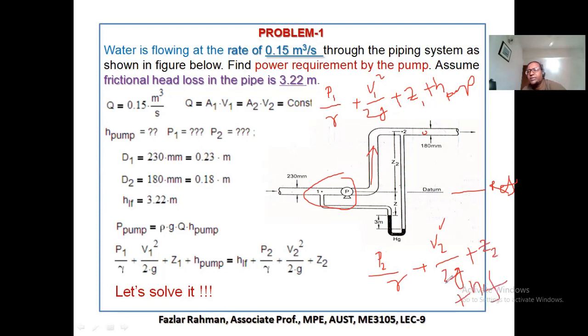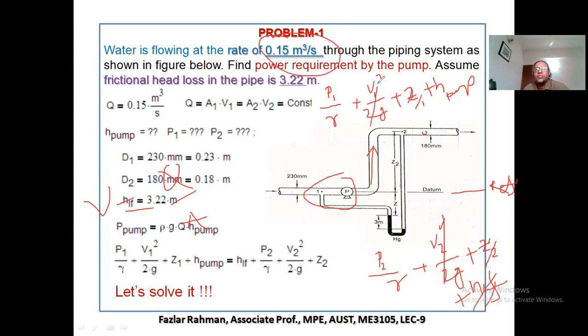Now how do we figure out the V2 and V1? You see Q is given. We know V equal to Q by A. So easily we can figure out V1 and V2. So V1, V2 you know, right? HLF you know. Z1, Z2 is given, you can figure out Z1, Z2. V we know.